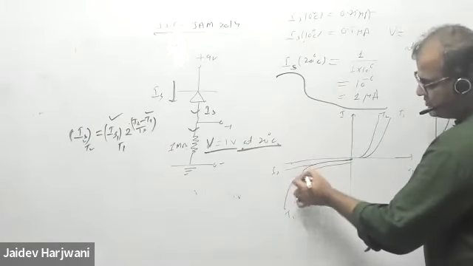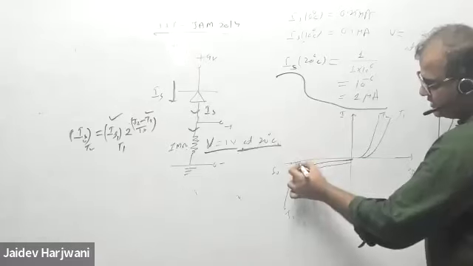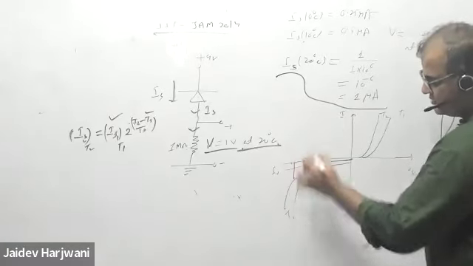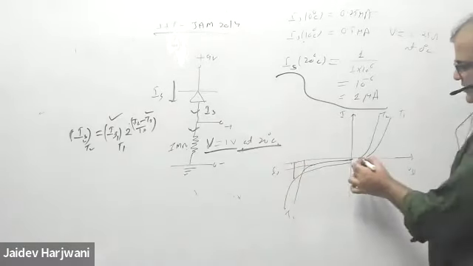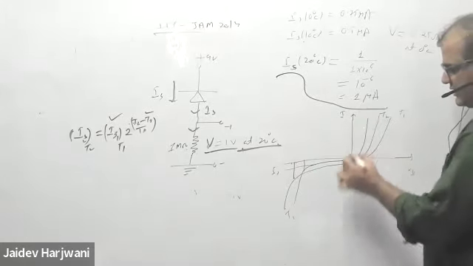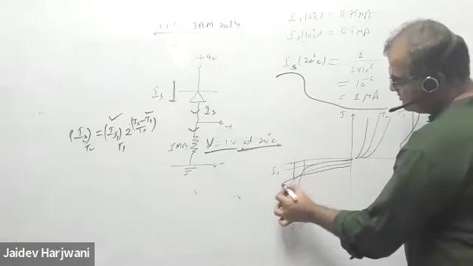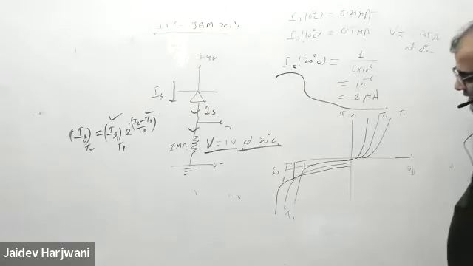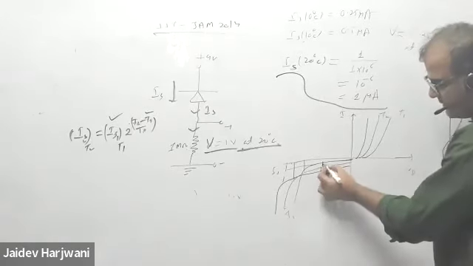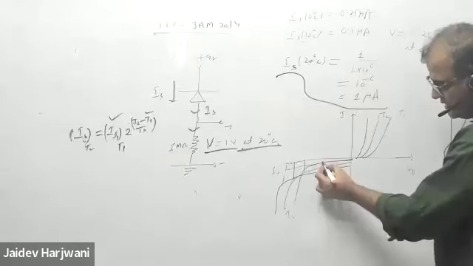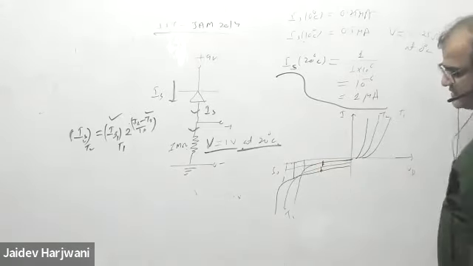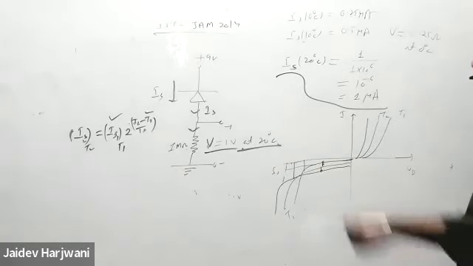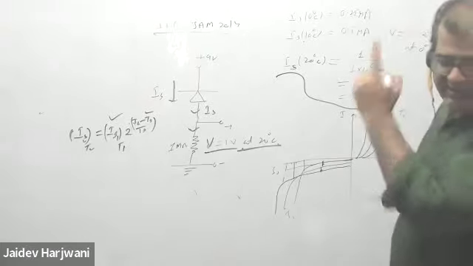And if it is avalanche breakdown, this voltage will also change. At temperature T3, this will reduce further. So the current always doubles for every 10 Kelvin temperature difference, and from that I have calculated this one.